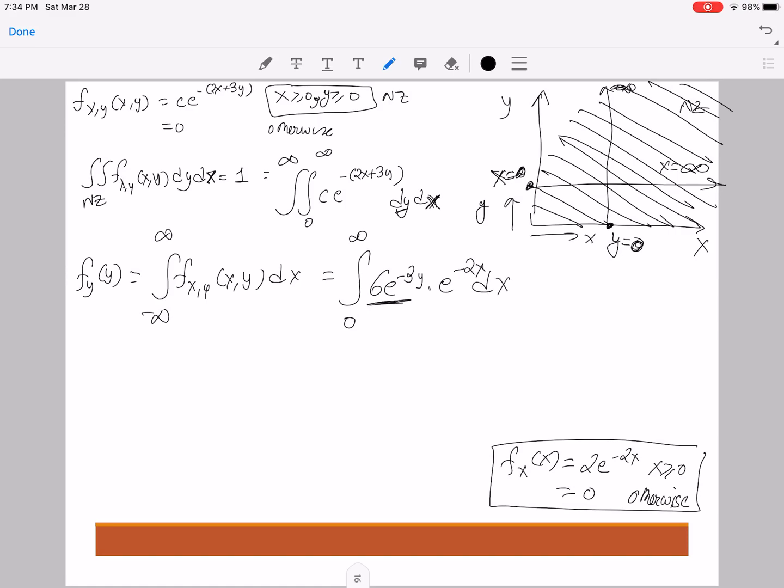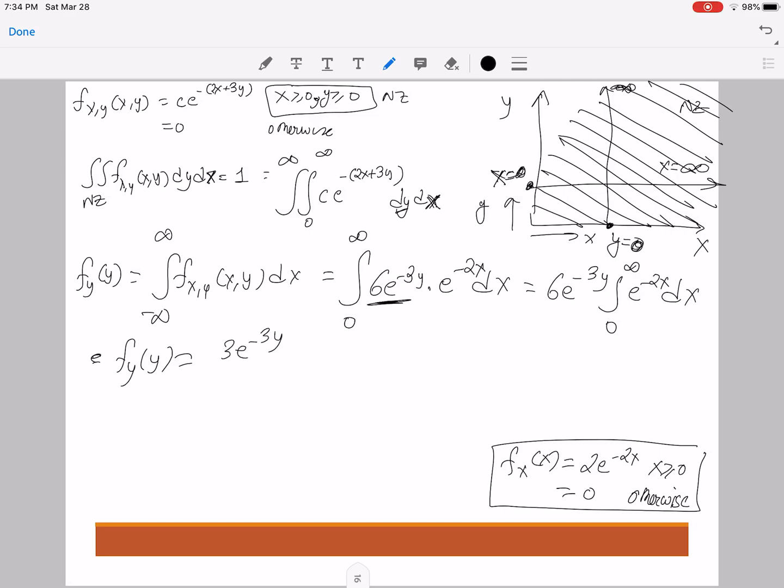So e to the negative 3y and 6 are going to be constant with respect to dx, so they can safely come outside. And I need to evaluate this integral now. When I evaluate this integral, I get f of y as 3 times e to the negative 3y.